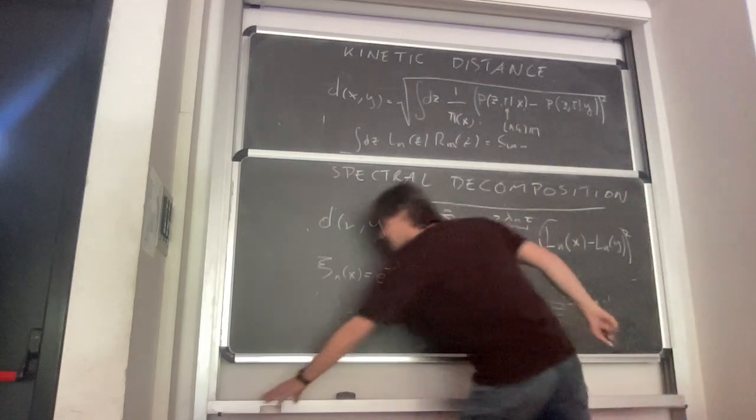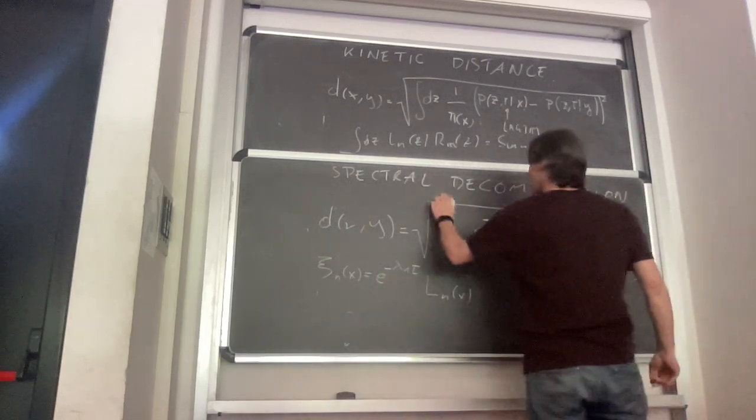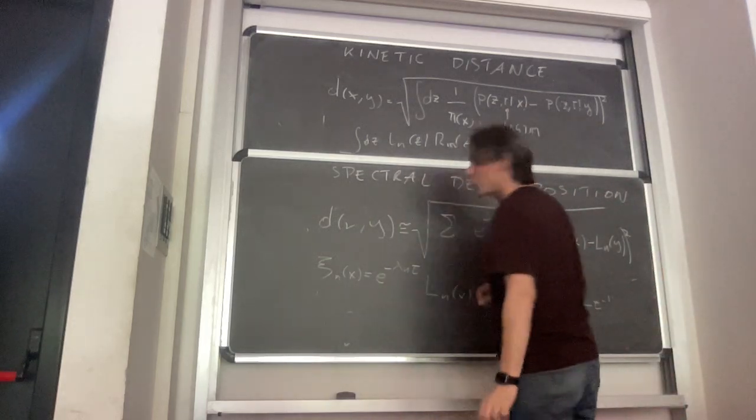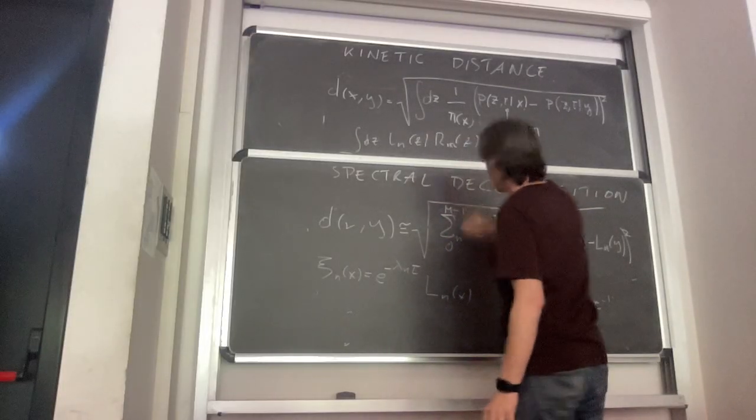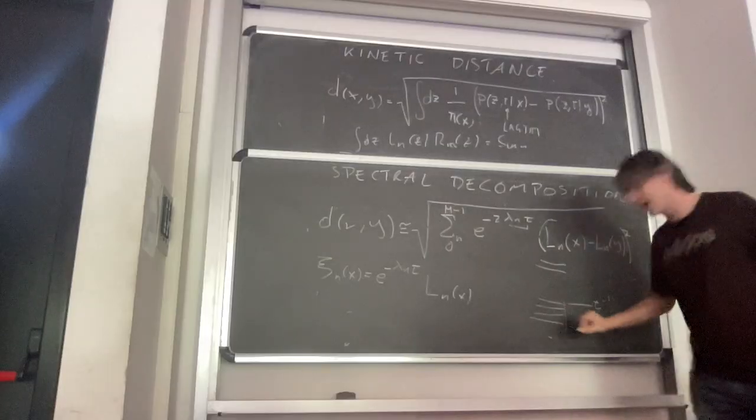Which means that I only have to retain a summation, to exponential accuracy, over the first m eigenvalues below the gap.